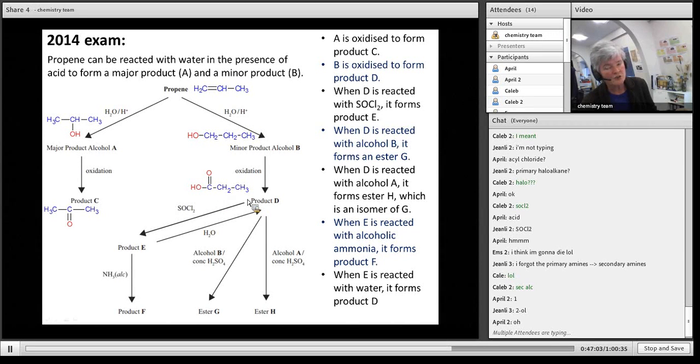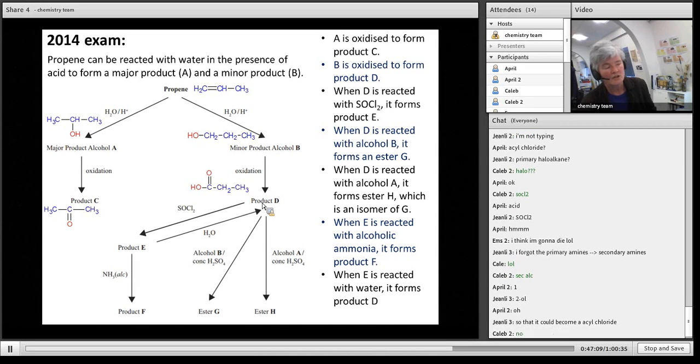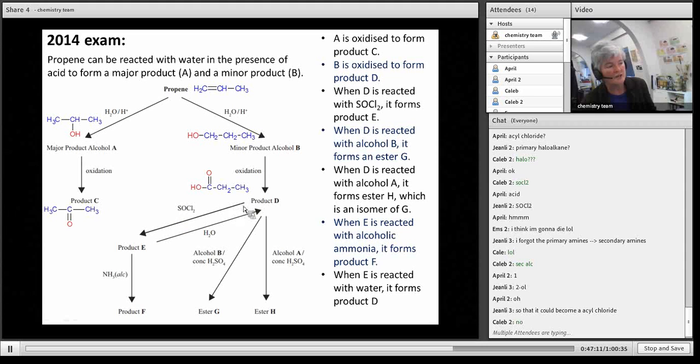Now, why did I choose the carboxylic acid and not the aldehyde? Will an aldehyde react with SOCl2? Yep, okay. So it could become an acyl chloride. So an aldehyde, you know, you've only really learnt the oxidation of an aldehyde or the reduction of an aldehyde.